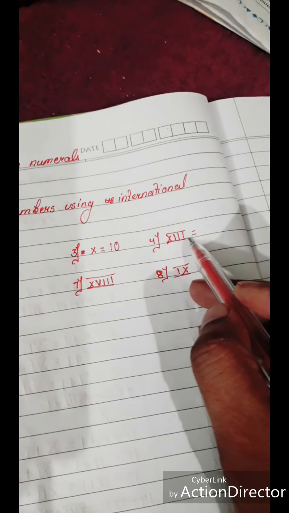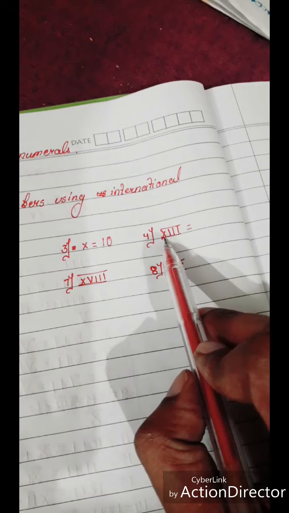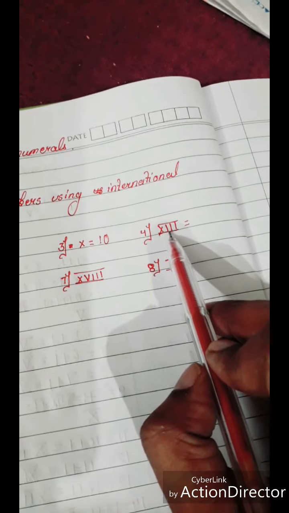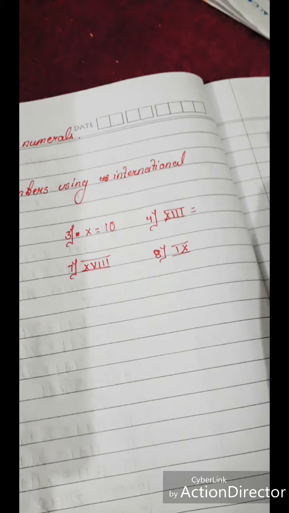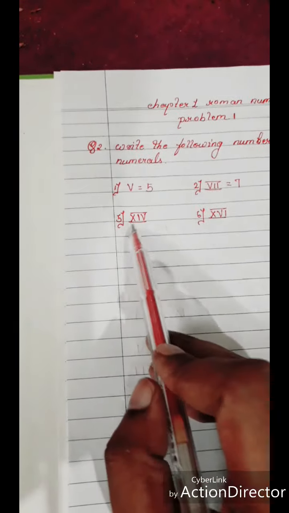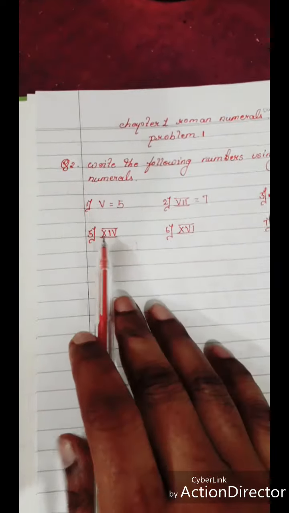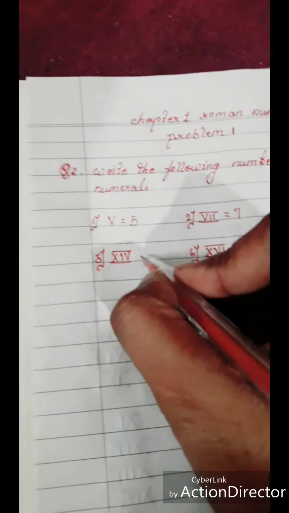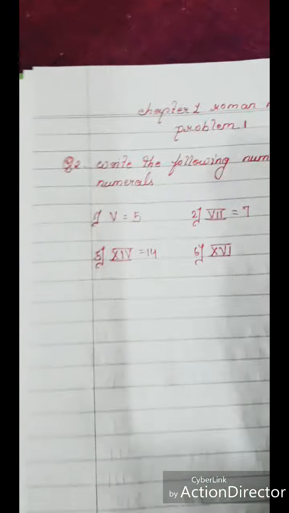Now XIII: with 10, meaning X, 3 I's are going to be added. That means 10 plus 3, you will find it is 13. Now XIV. If you break this to understand, it will become X plus IV. IV means 4. So 10 plus 4 is equal to 14.